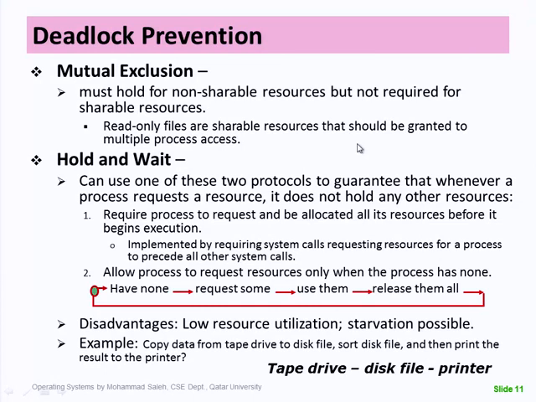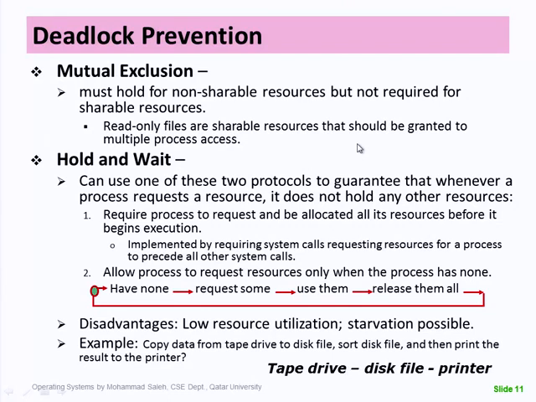Now, the second condition to work with is the hold and wait condition. It says that we have a process, okay, holding resources and waiting for additional resources that are held by another process. We can make this not happen by deploying any one of 2 protocols.